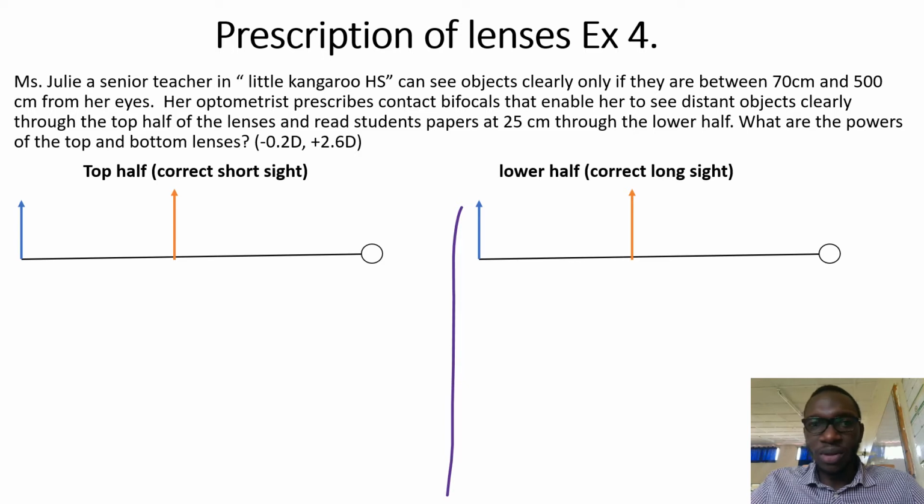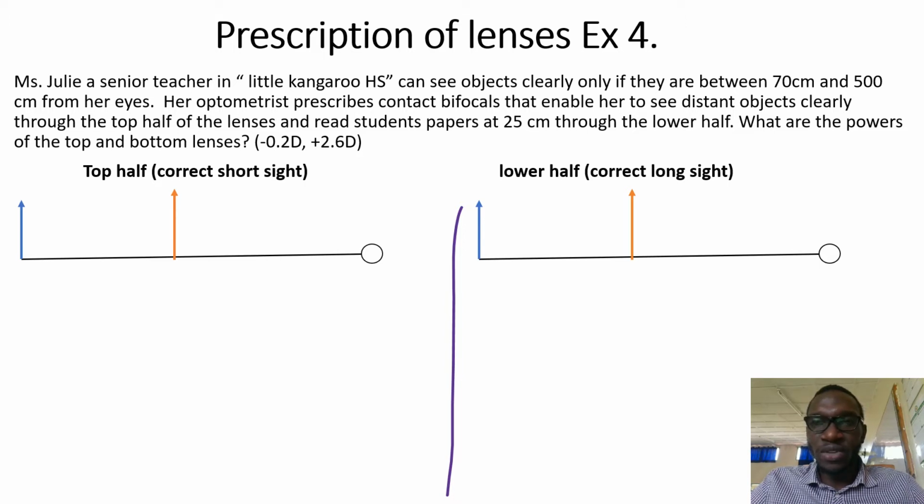Before we go any further, let's try to analyze the question very well. So this lady is a teacher and she can only see between 70 centimeters and 500 centimeters. An optometrist is a specialist in studying eye defects and then also prescribing lenses which are supposed to correct the defects of the eye.